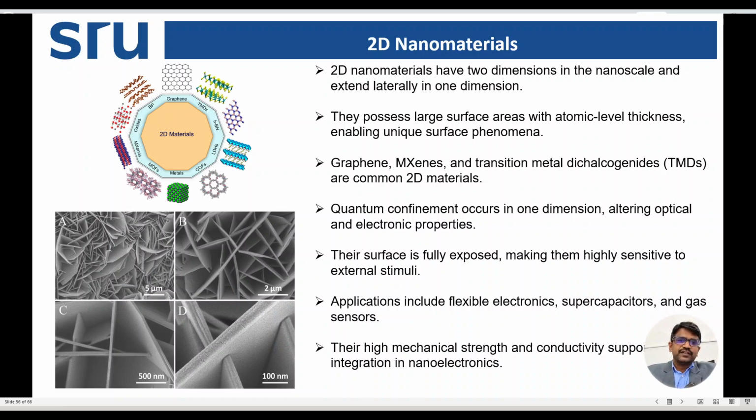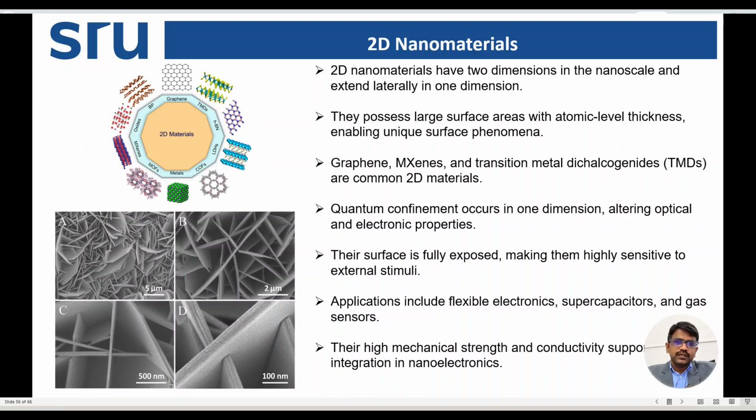Graphene is a famous two-dimensional material, and also MXenes, which are currently trending two-dimensional materials. Then MOFs, metal organic frameworks, and oxides. There are so many materials that can be prepared in 2D form.